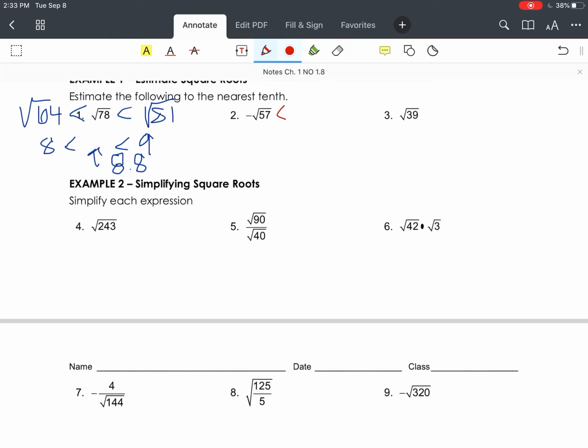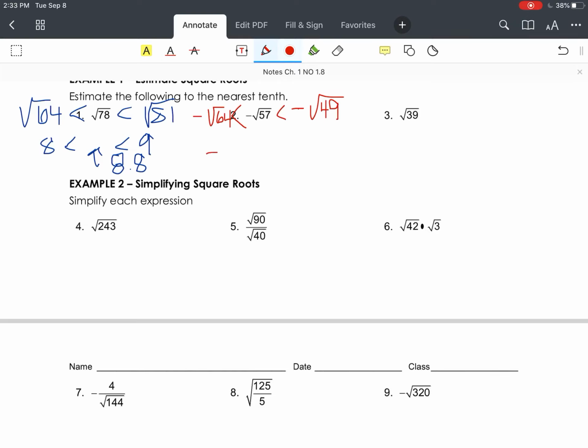So negative 57, the biggest square root next to it would be negative root 49. Remember, the more negative a number is, the lower it is on the number line. And then smaller than negative 57 for a perfect square root would be negative root 64.